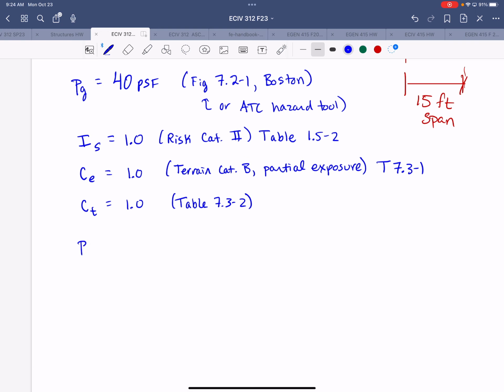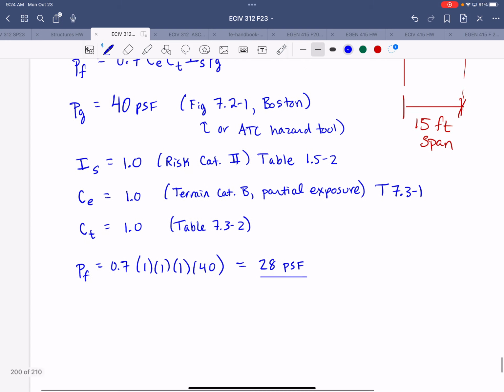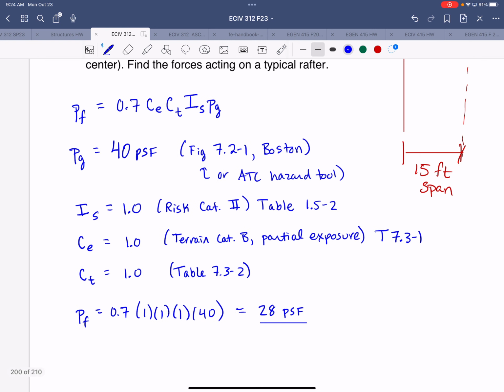All right, so now we can calculate the flat roof snow load. So we got 0.7 times 1, 1, 1, and 40. And that gives us 28 PSF. All right. Now, do we need to check the ASCE minimum values for low or flat slope roofs?